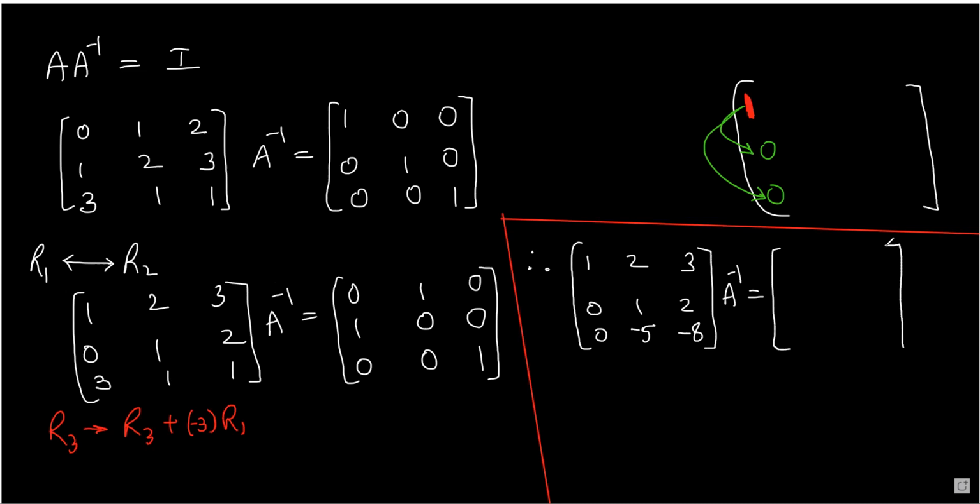With this side, what you have? R1 and R2 as it is 0, 1, 0, 1, 0, 0. R3 will change. How? You know, multiply -3 to R1 and add it to R3. So -3 multiply, this is 0. So the corresponding will remain same 0. -3, when you multiply here, this will become -3 because it is 1.